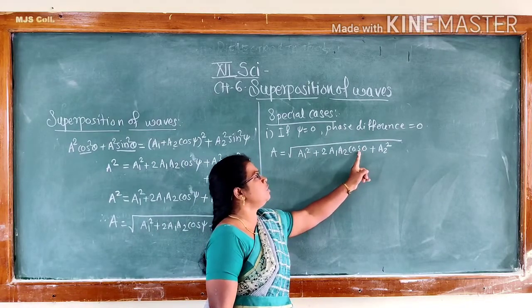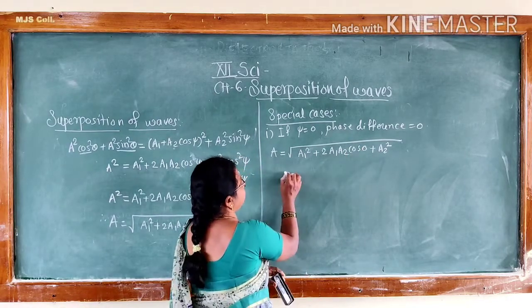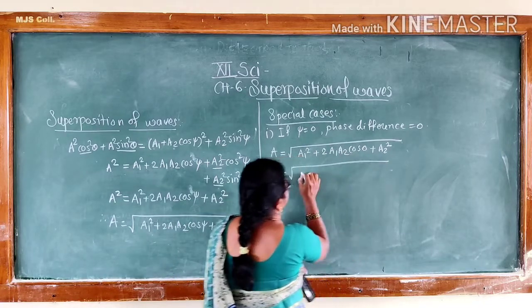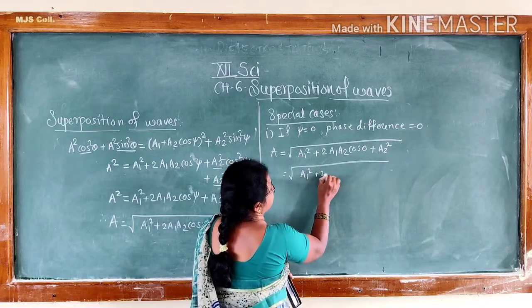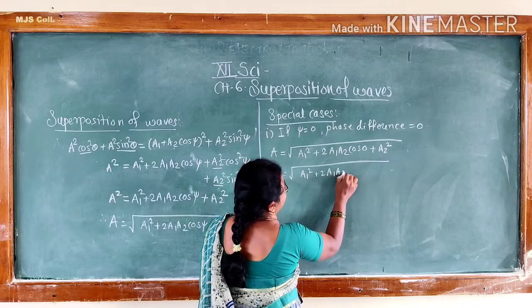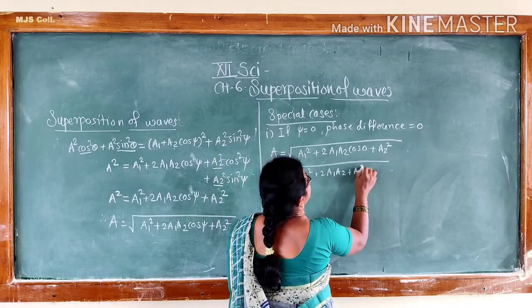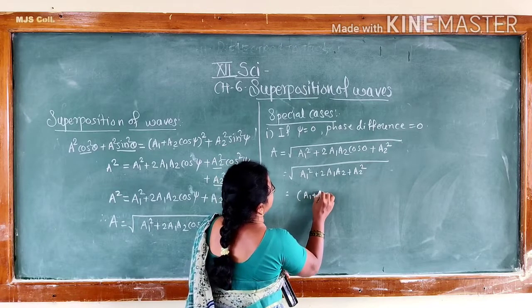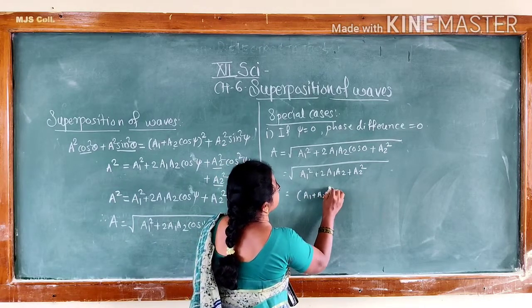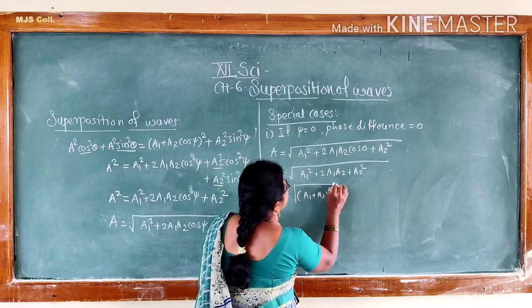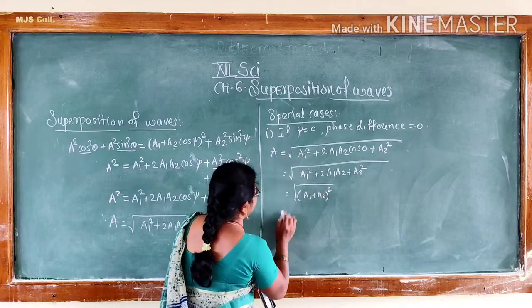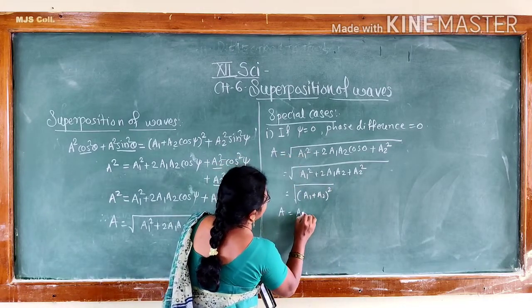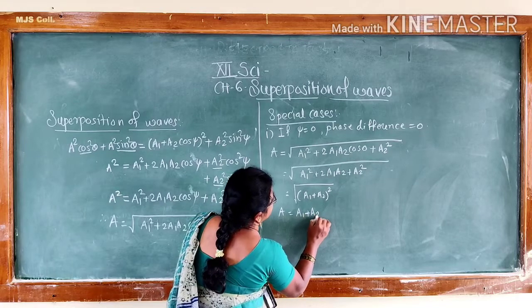Since cos of 0 is equal to 1, we will get the square root of A1 square plus twice A1 A2 plus A2 square. That means this is nothing but (A1 plus A2) whole square under the root. Therefore, totally A is equal to A1 plus A2.